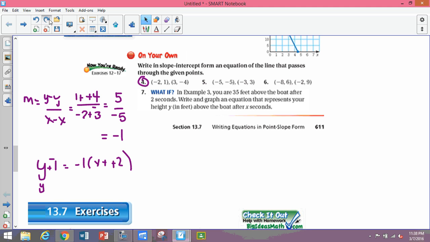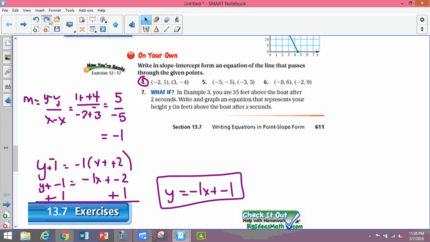Okay? Now I end up with y plus a negative 1 equals, I have to distribute, negative 1x plus a negative 2. And then I'm going to add 1 to both sides to get y alone, and I end up with y equals negative 1x plus a negative 1.